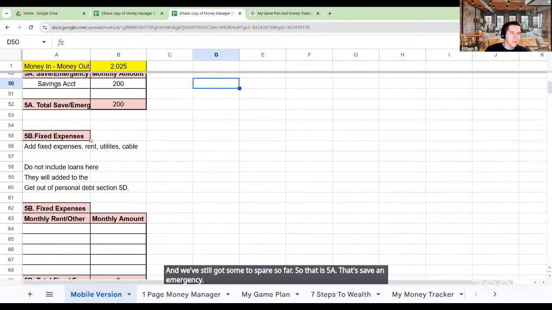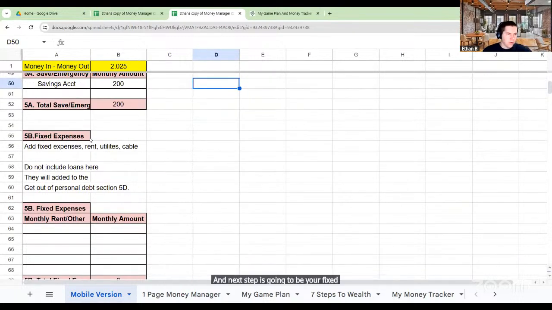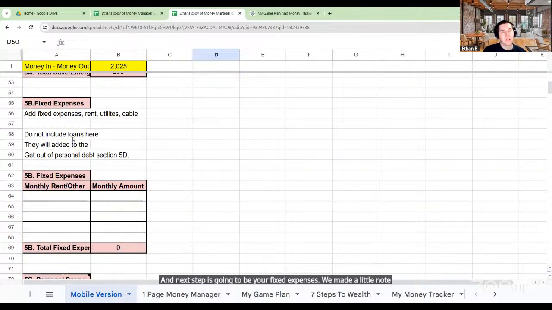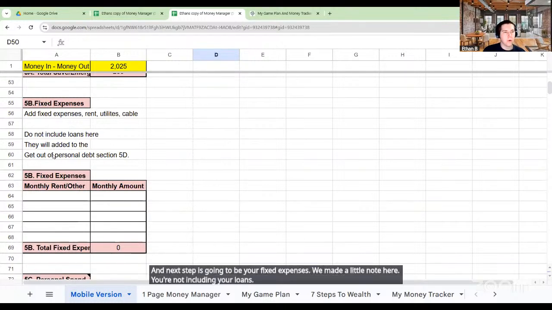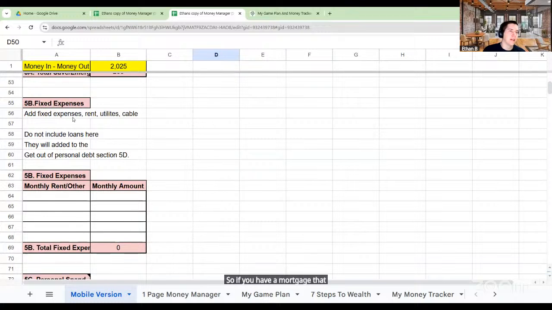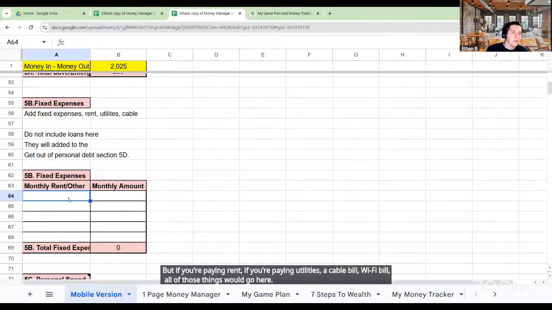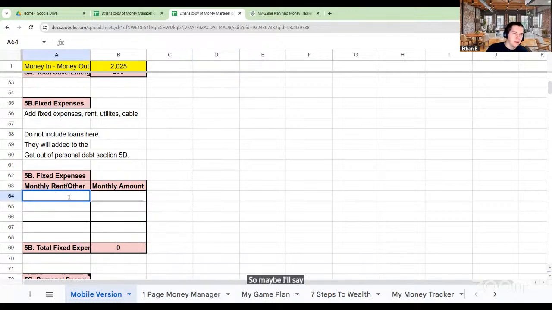And next step is going to be your fixed expenses. So we made a little note here, you're not including your loans. So if you have a mortgage, that does not go here. But if you're paying rent, utilities, a cable bill, Wi-Fi bill, all of those things would go here. So maybe I'll say we're doing utilities.